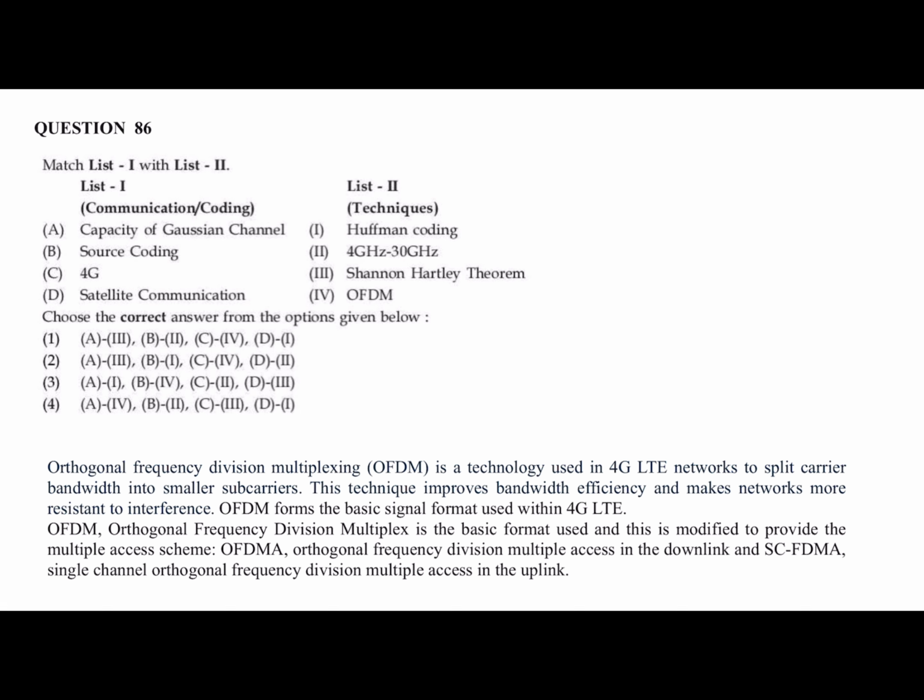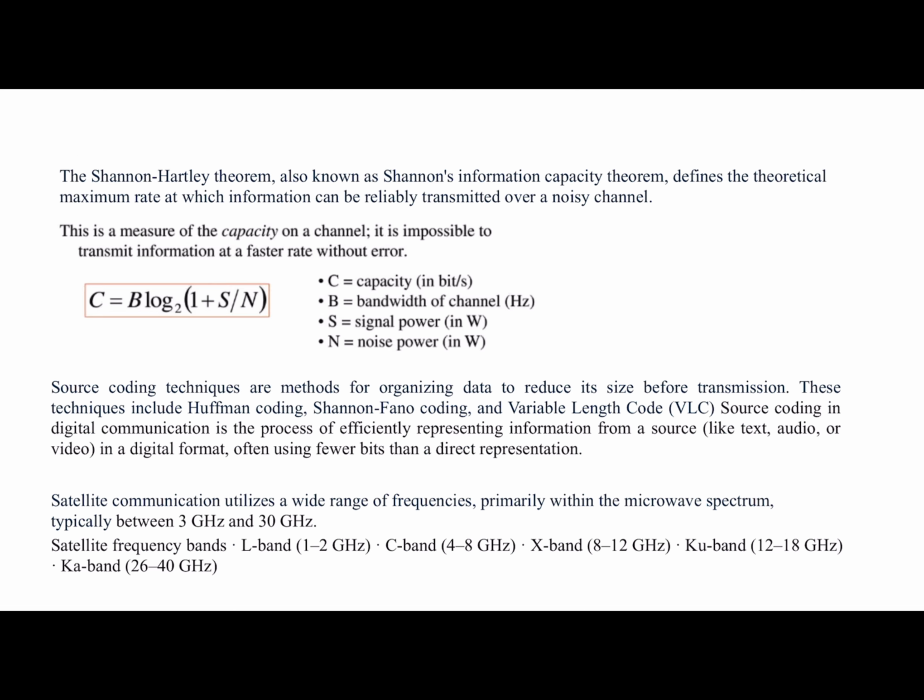Next question. The capacity of Gaussian channel. It is given by Shannon-Hartley theorem, also known as Shannon's information capacity theorem, which defines the maximum rate at which information can be reliably transmitted over a noisy channel, with channel capacity C equal to B log base 2 of (1 plus S by N), where S is signal power and N is the noise power.